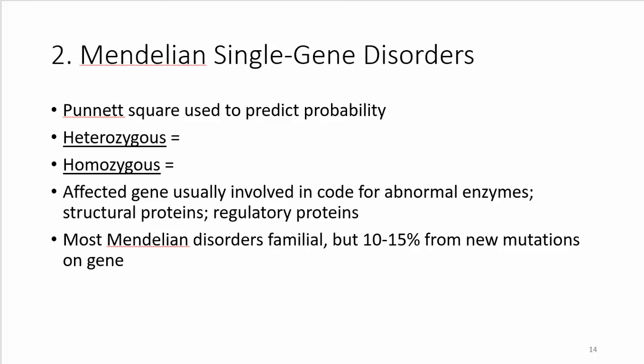And if there's an abnormality in the gene, in the recipe that the gene expresses, then it's going to be a protein that is slightly off, which may not act as an enzyme properly, or may not give the correct structure, or may not regulate what needs to be regulated.